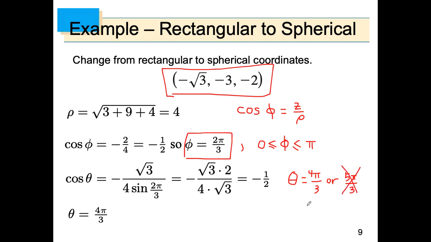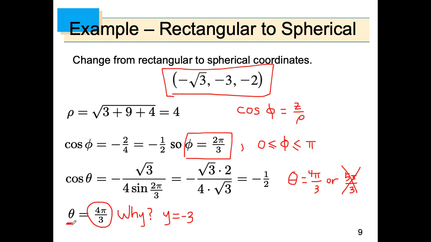The reason why it's 4 pi over 3 is because notice that in this case y equals negative 3. And if you go back to your old polar coordinate knowledge, if y equals negative 3 and x is negative radical 3, that's going to land us in the third quadrant. And obviously 4 pi over 3 also lands us in the third quadrant. Please don't forget that theta is on the xy plane.